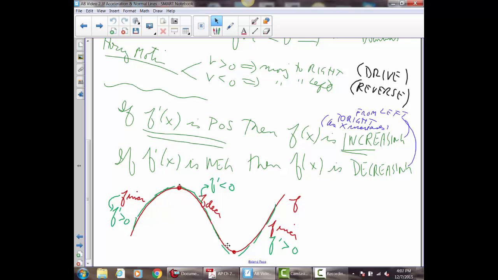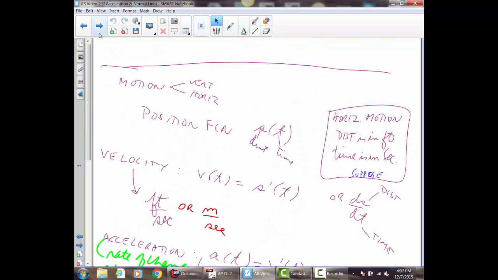Whenever the red function f is decreasing, all these little green tangent line segments have negative slopes. So if the first derivative is positive, then the function is increasing from left to right as x increases. If the first derivative is negative, then f of x is decreasing.